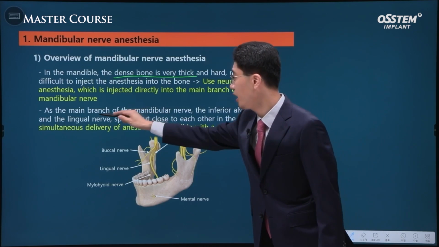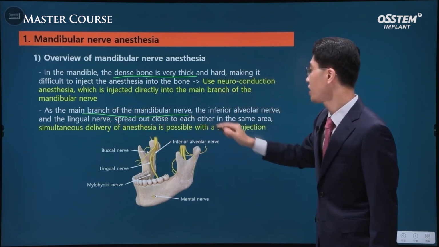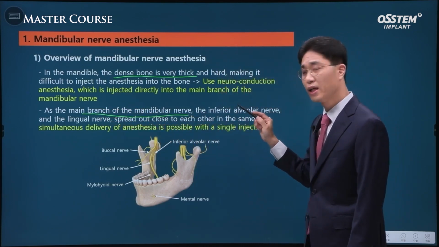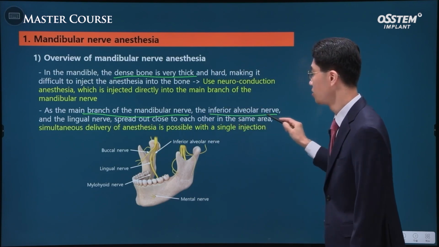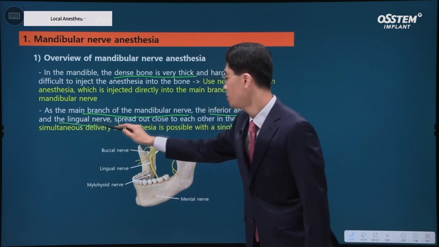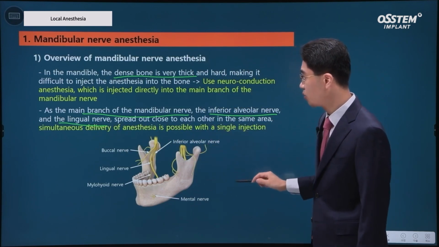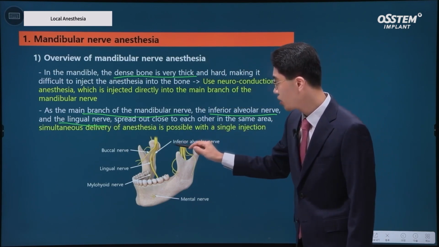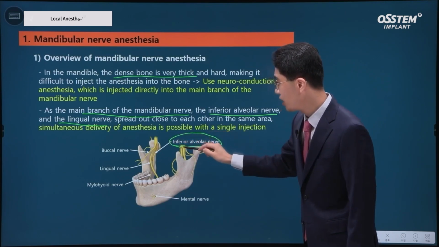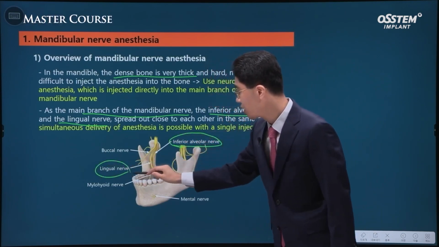Let's look at the main branches of the mandibular nerve. As we all know, there's the lingual nerve and inferior alveolar nerve. If you take a closer look at the image, the inferior alveolar nerve and lingual nerve are forming a branch at a similar point.